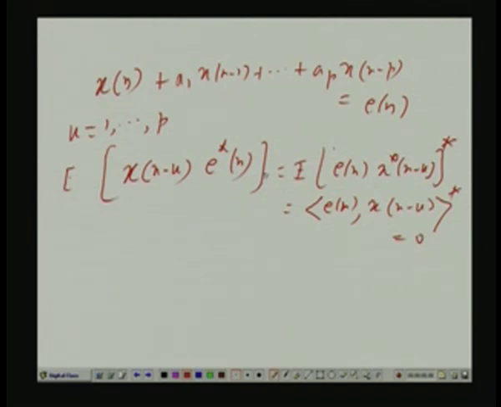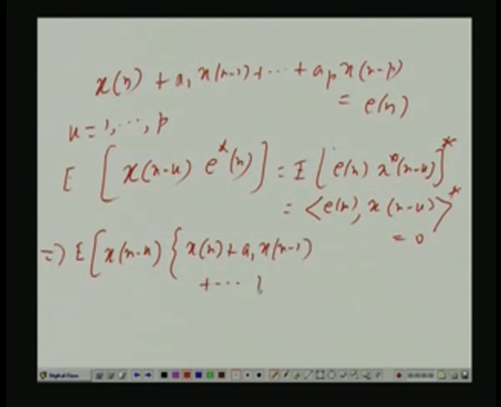Now, if instead of e[n] I substitute the left hand side here, what do I get? E of x[n-k] into x[n] plus the other terms, star, that is equal to 0.